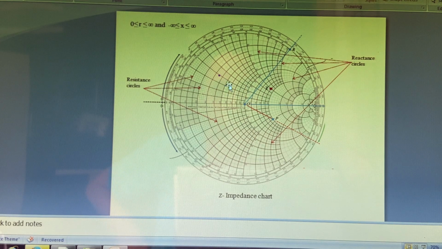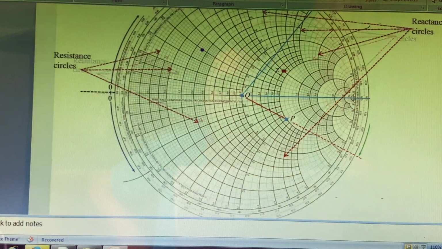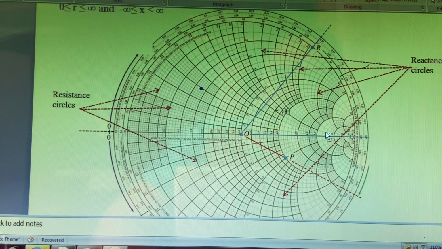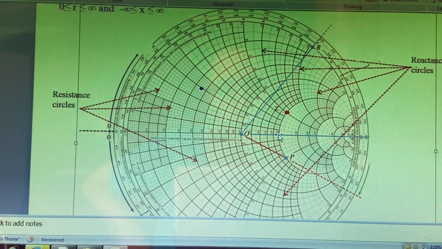You can see here on the actual Smith chart, the one available like this. R is equal to 2 means this is R is equal to 2. So this point is on the R is equal to 2 circle. We have to move over this R is equal to 2 circle like this, and X is equal to 1 circle is this.